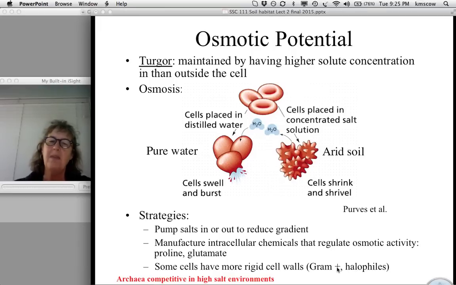And then some have very rigid cell walls, for example, the gram-positives, and some of the halophilic, salt-loving organisms have rigid cell walls that just make them more resistant to the impacts of salts. And archaea, again, because of their special membranes that are very stable in the presence of different tough conditions, also do well in high salt concentrations.